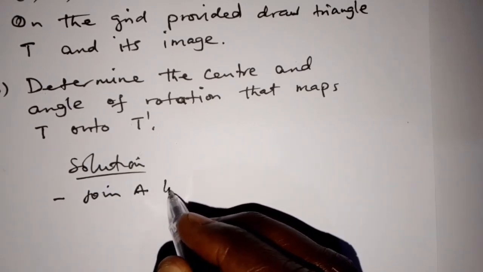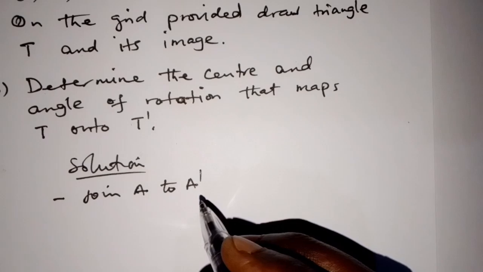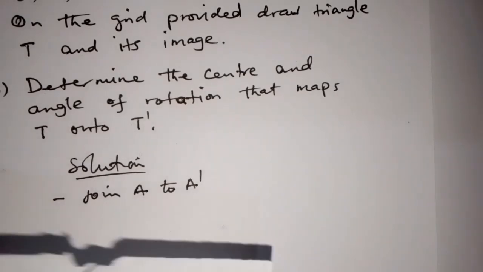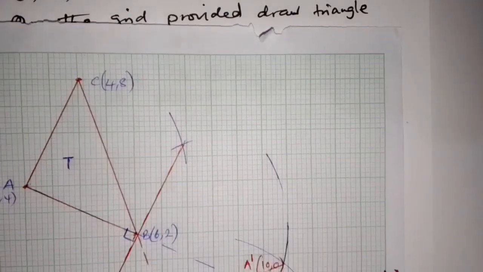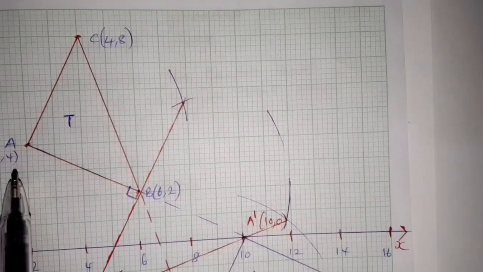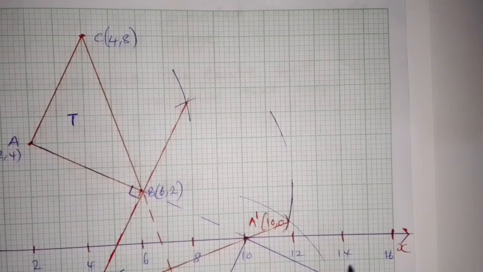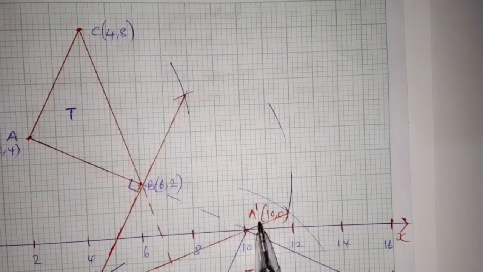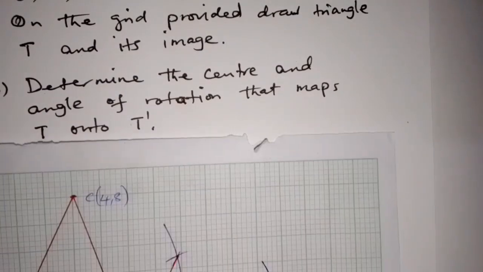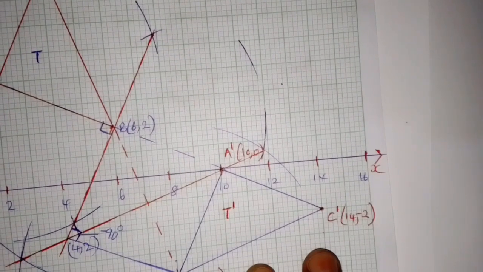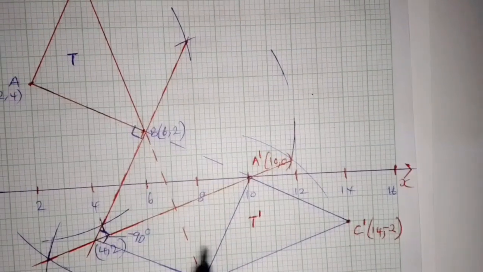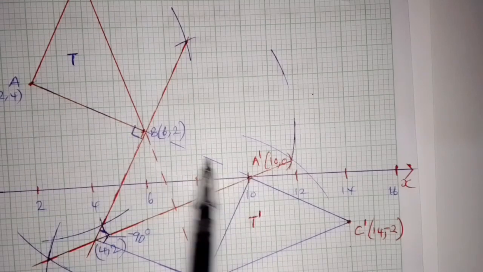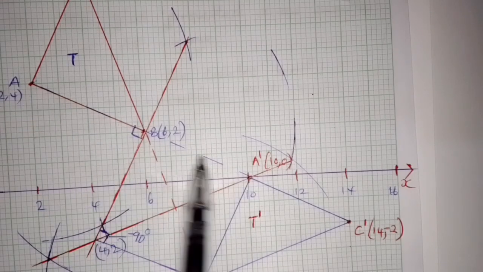This is our A here, and we join this A to our A prime here with a ruler.